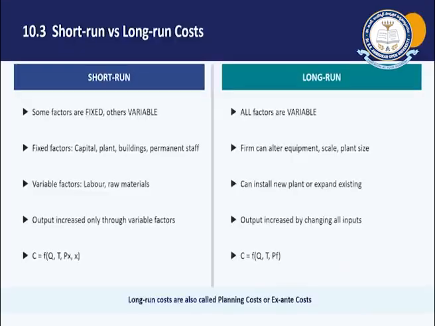So here the output is increased only through variable factors, because if in the short run the demand increases, they can increase only the variable factors, not the fixed costs, because the time horizon is less. For instance, if you are running a hotel, and due to certain exams or certain trips to the college, some students are visiting, so the college canteen will have more visitors and the demand will be high.